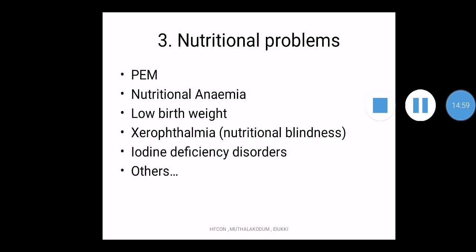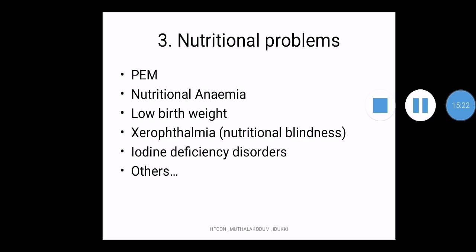Low birth weight is one of the problems among the newly born children. It can also be taken as one of the nutritional problems in India, because if the mother is not getting proper nutritious diet during the pregnancy, they will of course have the anemic state in their pregnancy period. So it can really affect a low birth weight baby.